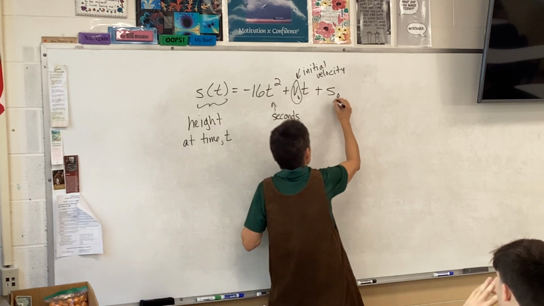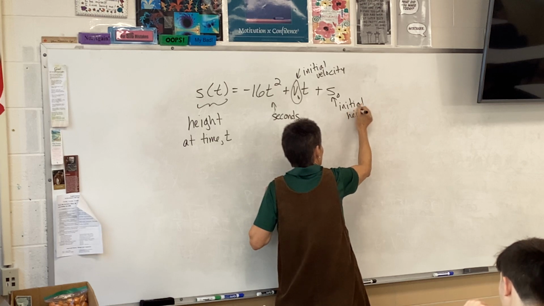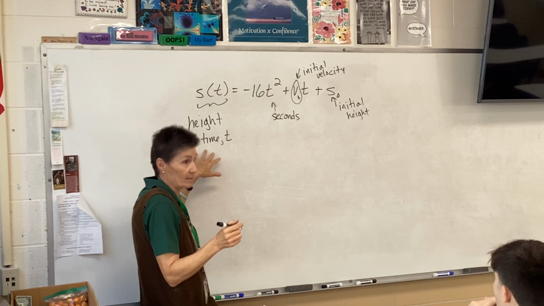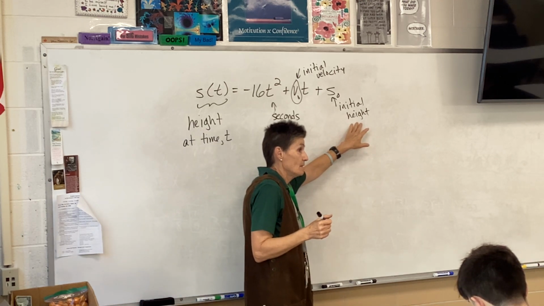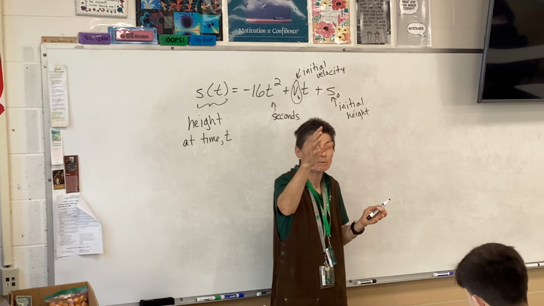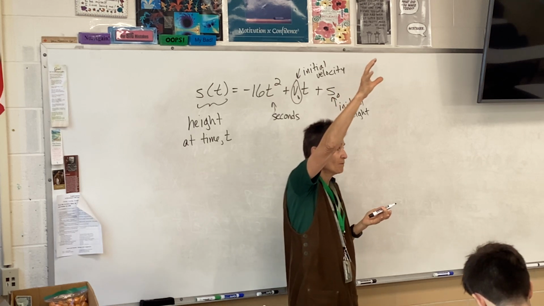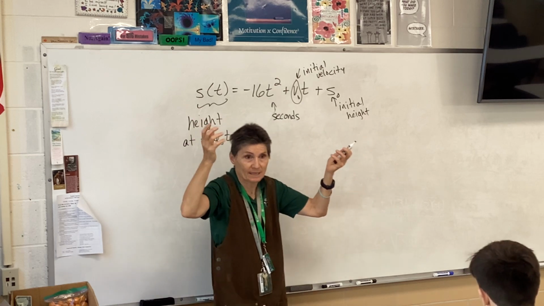Then this guy is the initial height. So remember, this was the height after 2 seconds or something. This is the starting height. So if I am throwing the ball, the starting height would be like 5 feet. If we're dropping it off the top of a building, then the starting height is whatever, 15 feet or however tall the building is.